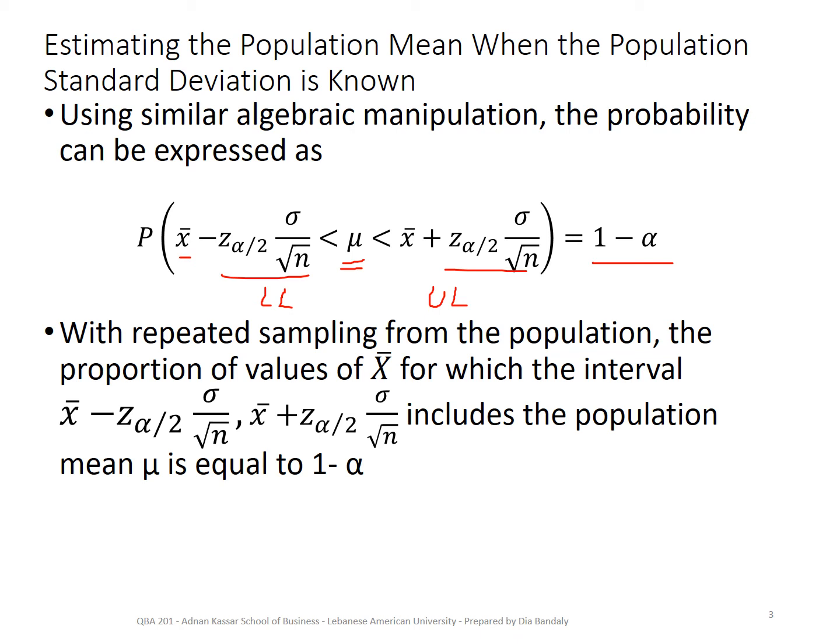And you have a confidence of 1 minus alpha. Why? Because the probability that this will happen is 1 minus alpha. So you will have such a confidence that this will be an interval that will contain your mu.